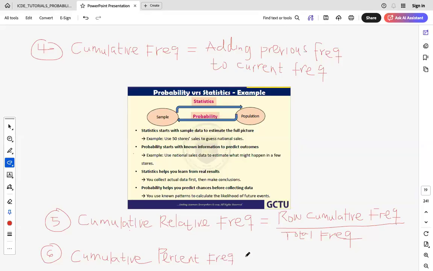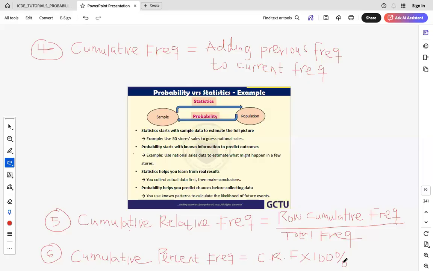And that also has this formula, C.R.F. So cumulative relative frequency is what I have shortened as C.R.F, multiplied by 100%. So these are the 6 components.